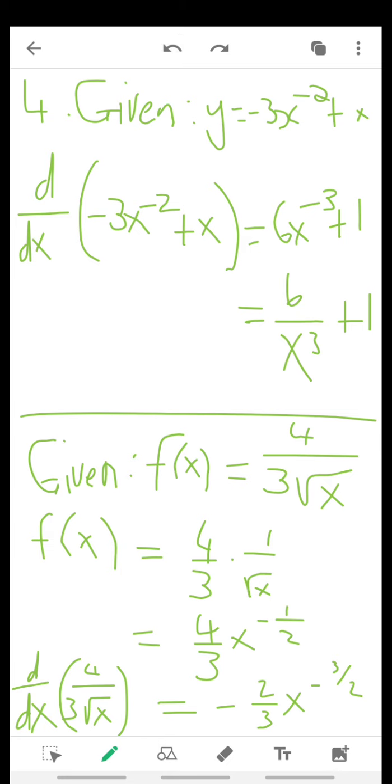Then I derive now, meaning I drop the minus 1 over 2 in front, multiply with 4 over 3, and my answer is minus 2 over 3. Then subtracting a 1, I end up with minus 3 over 2. Please note, if you are using d over dx, write the function next to d over dx inside brackets. Okay, don't forget.